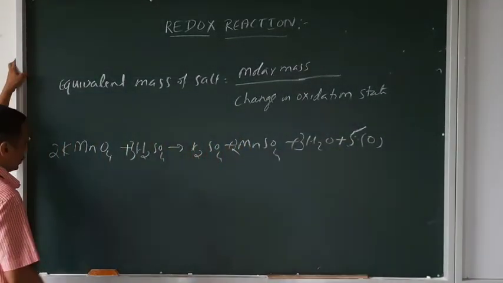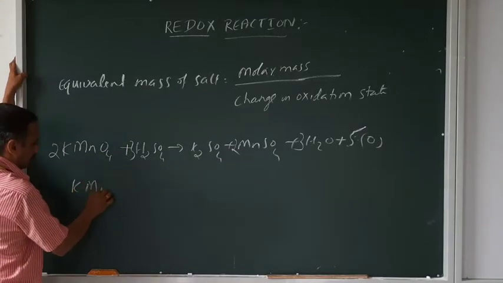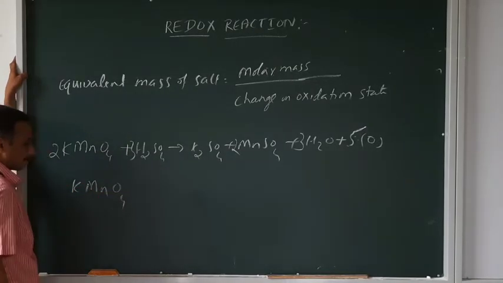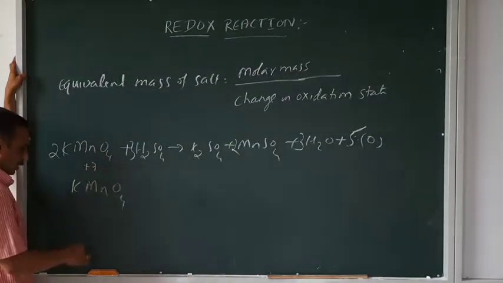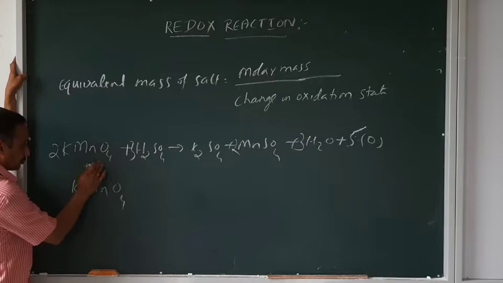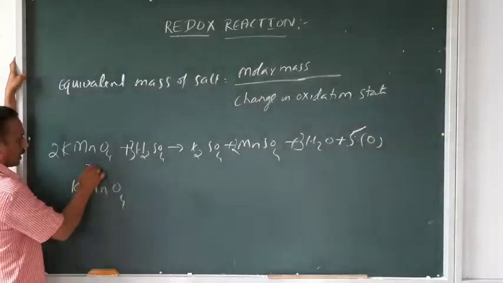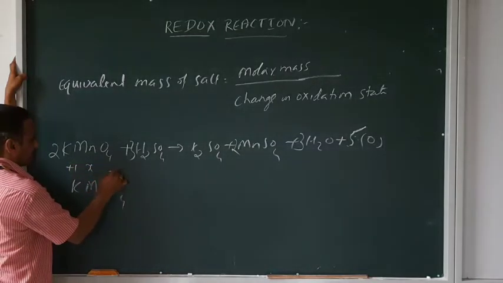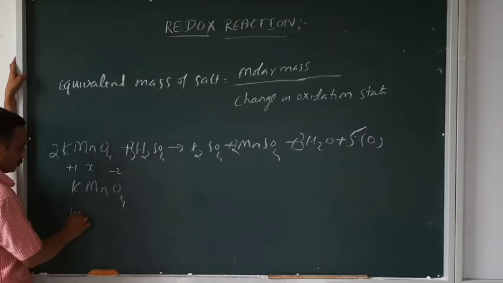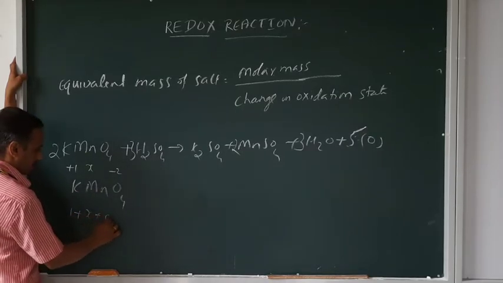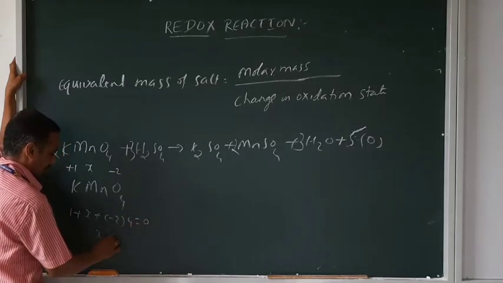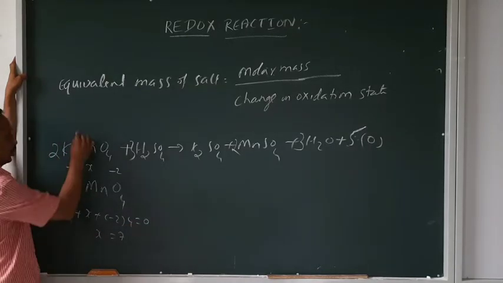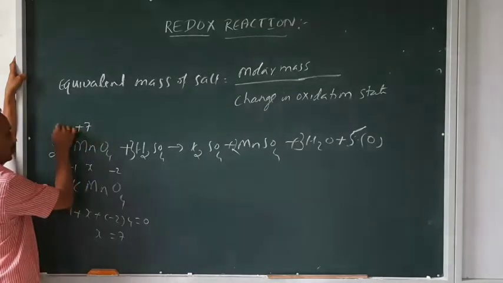And see here, in potassium permanganate, Mn is in the +7 state. If you don't know, calculate it. Write x for Mn, 1 for potassium, and minus 2 for oxygen. So 1 plus x plus minus 2 into 4 equals 0, or x equals 7. So it is in the +7 state.